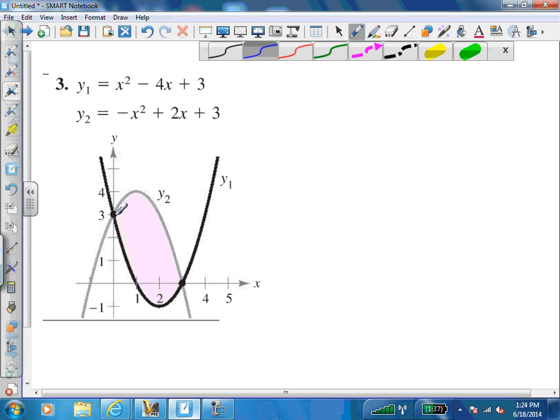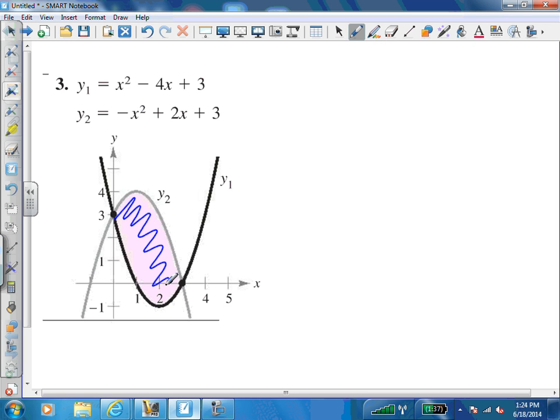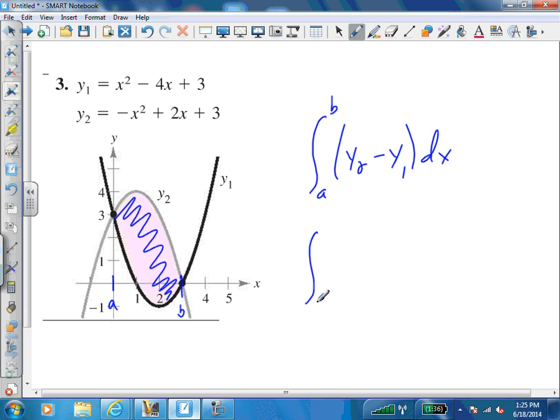Then the area between those curves we can get from integrating from our left side to our right side. Our top function minus the bottom one. So how far to the left is our left side?